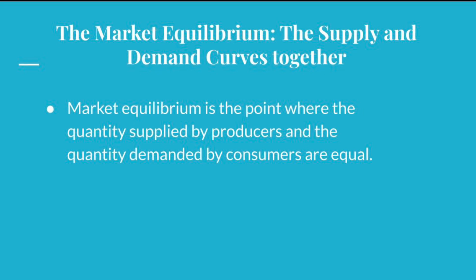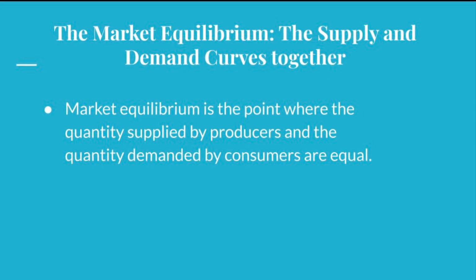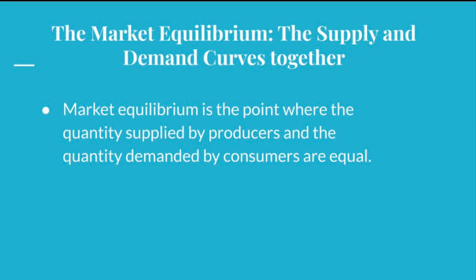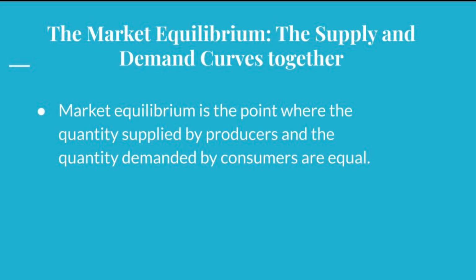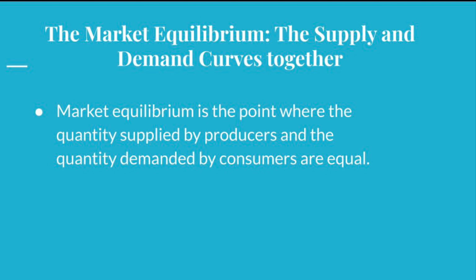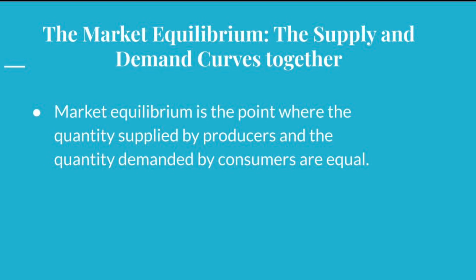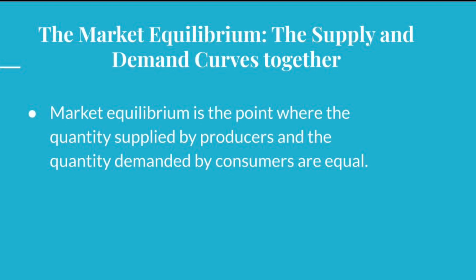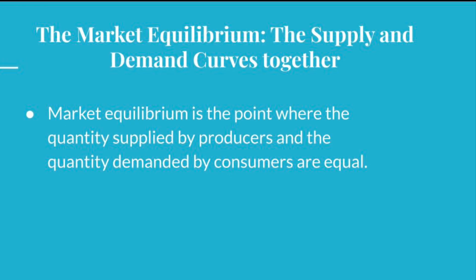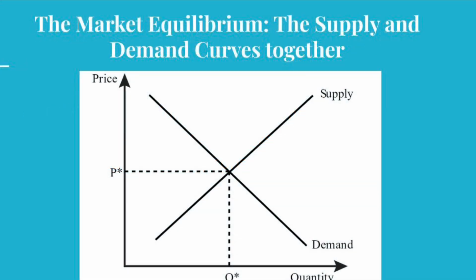Now that we have an understanding of what a market is, we can move on to the topic of market equilibrium. Market equilibrium is a point where the quantities supplied by producers and the quantities demanded by consumers are equal. In other words, this is where the supply and demand curves are together.